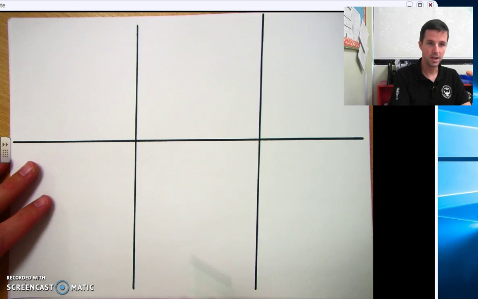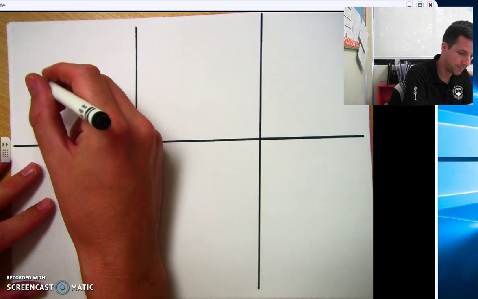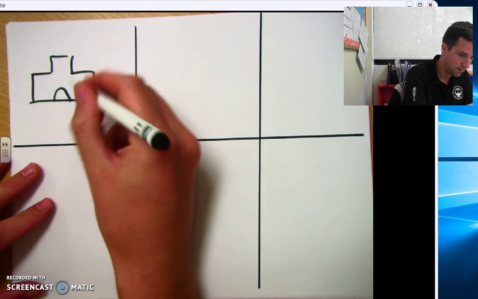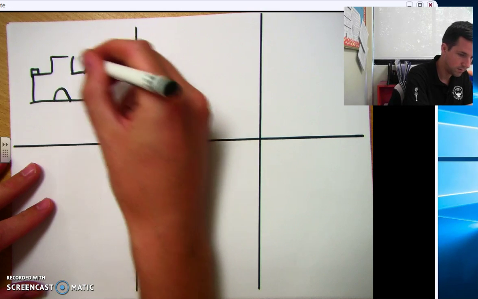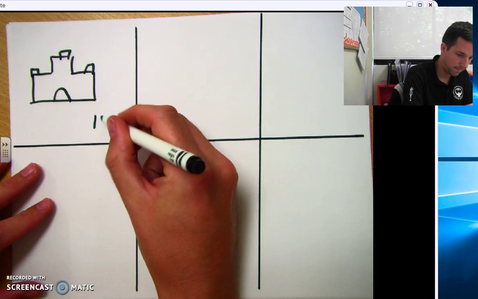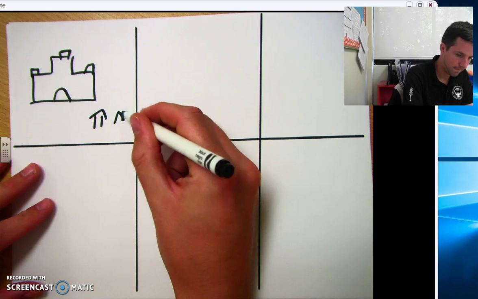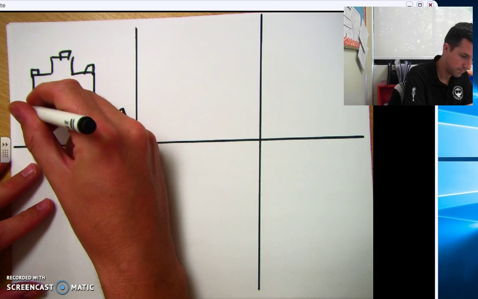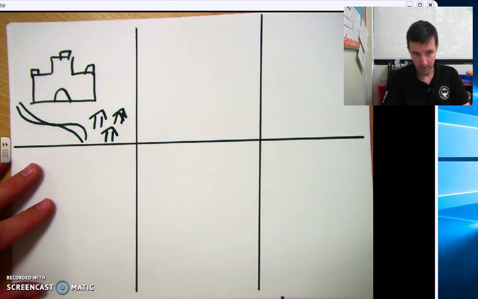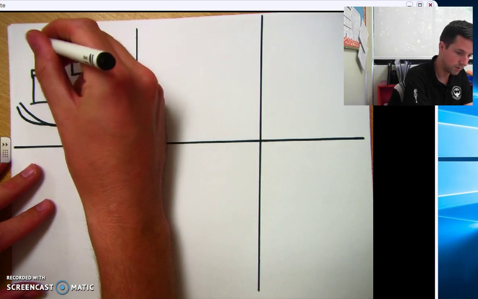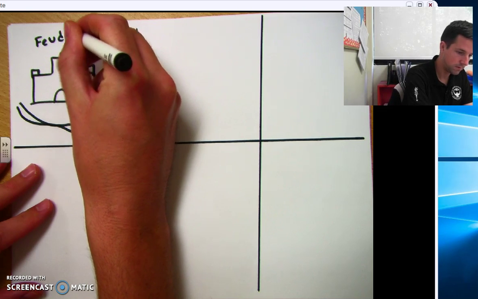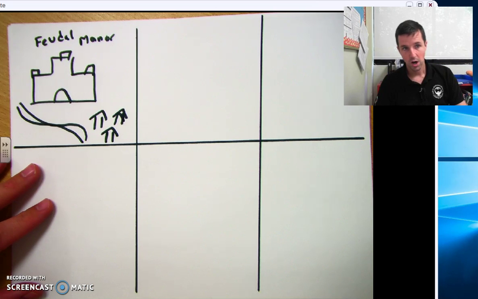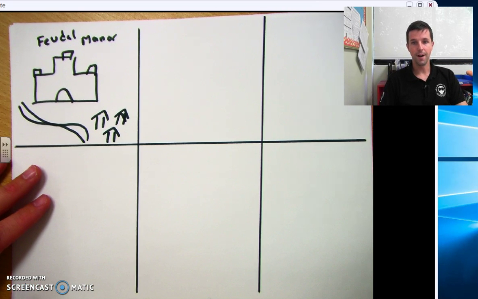So my first panel, I might have a feudal manor. In the morning, right? So feudal manor.